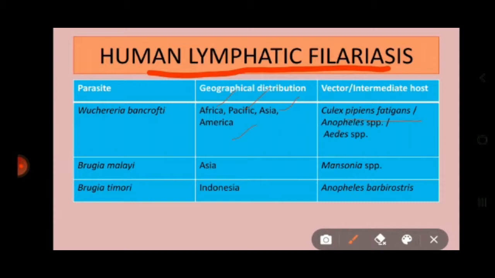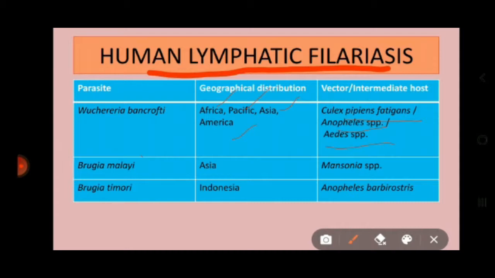Of course, the vector is different in different geographical areas. In some areas it is Anopheles, and in some even Aedes species spread the disease or act as a vector.